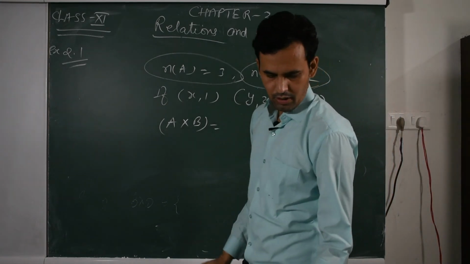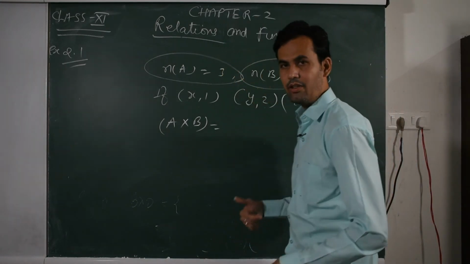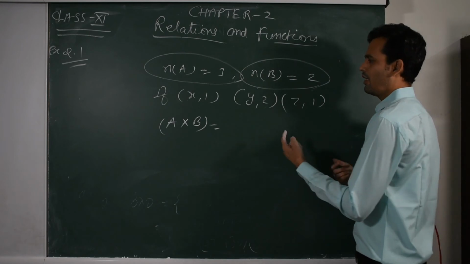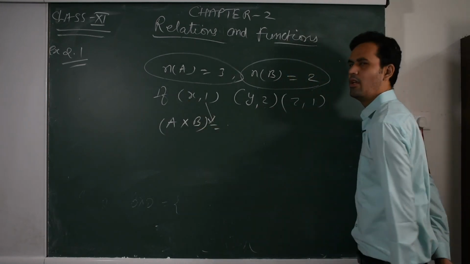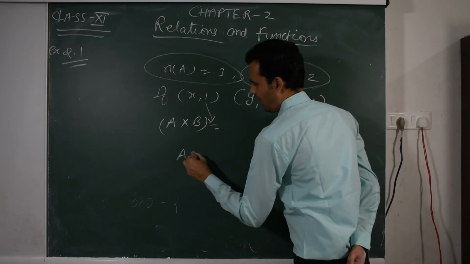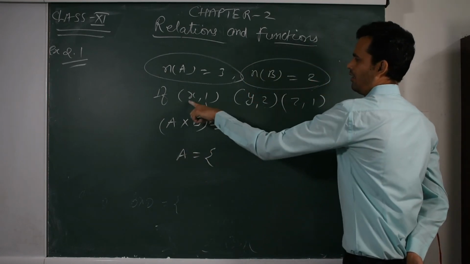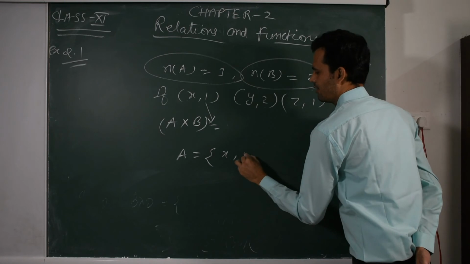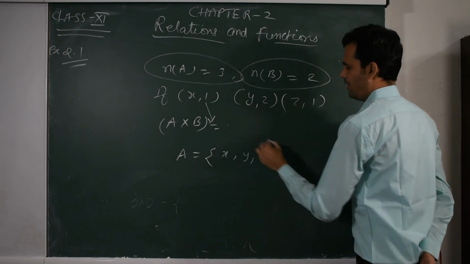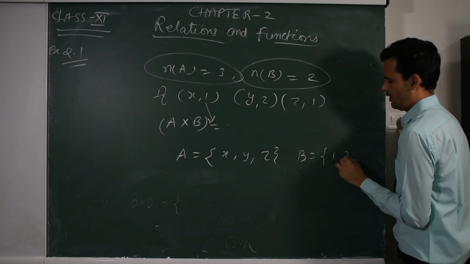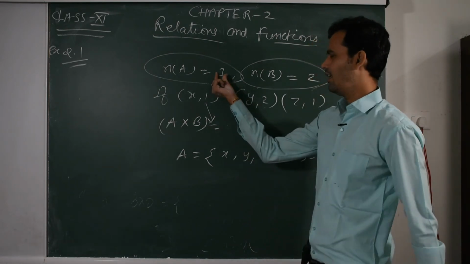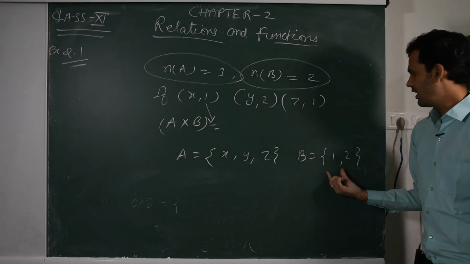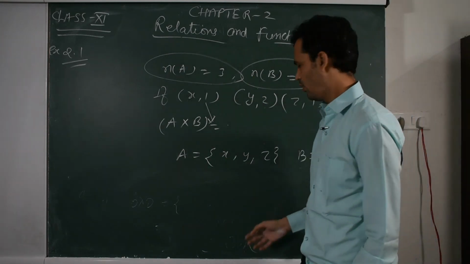Therefore we have to find the elements of A and B. These are the ordered pairs belonging to A cross B. Therefore A has elements x, y and z, and B has elements 1, 2.